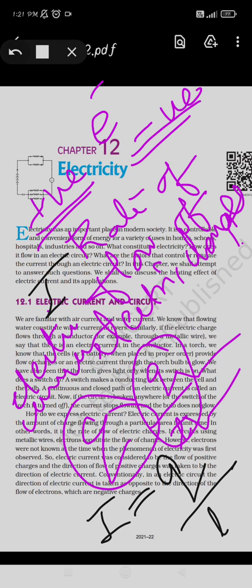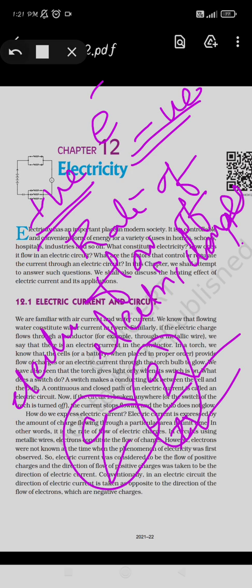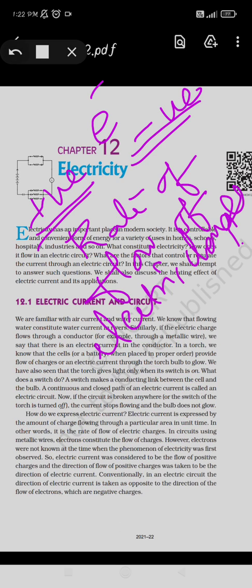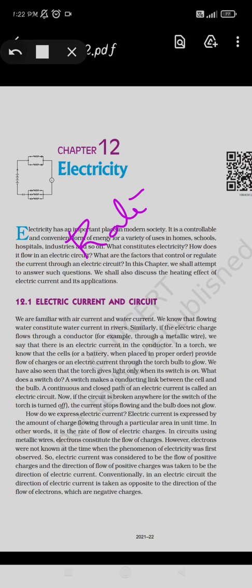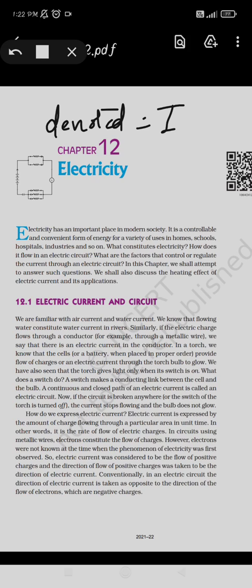If we are talking about its unit, then the current is measured in the unit ampere.